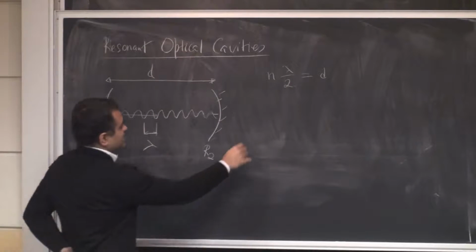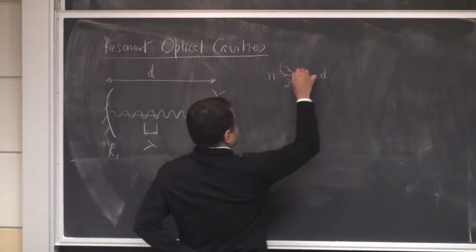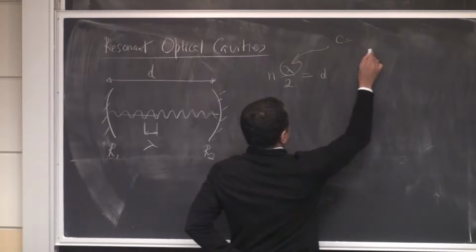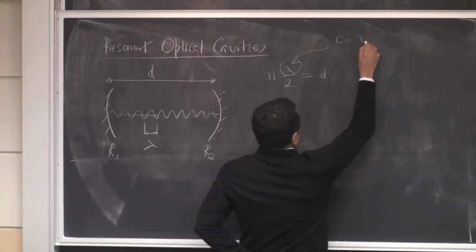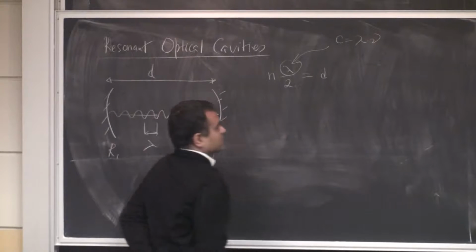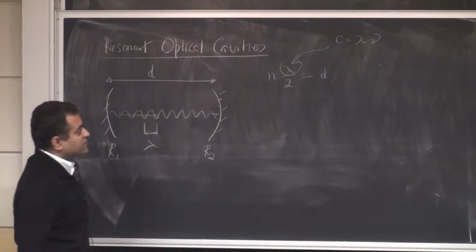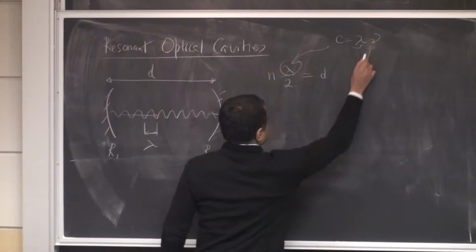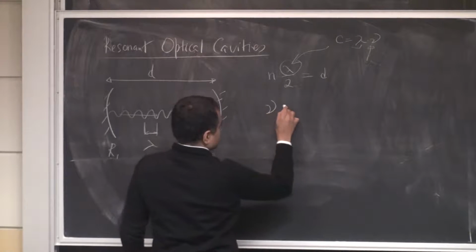And that leads immediately to a set of frequencies that are allowed, because the speed of light is equal to the wavelength times the frequency of light, right? And therefore, because only some wavelengths are allowed, only certain frequencies are allowed. Which frequencies are allowed?